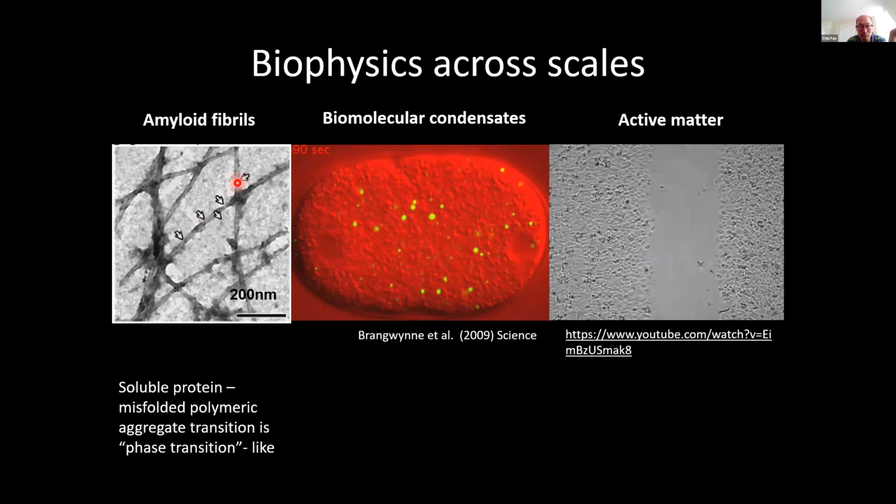They're called amyloid fibrils. The transition from soluble protein to the misfolded polymeric fibrillar form is a kind of phase transition. Although strictly speaking, this is not a thermodynamic phase transition, this phenomenon certainly has all the salient features of phase transitions, such as a critical concentration beyond which amyloid fibrils can form. So that's one particular example.